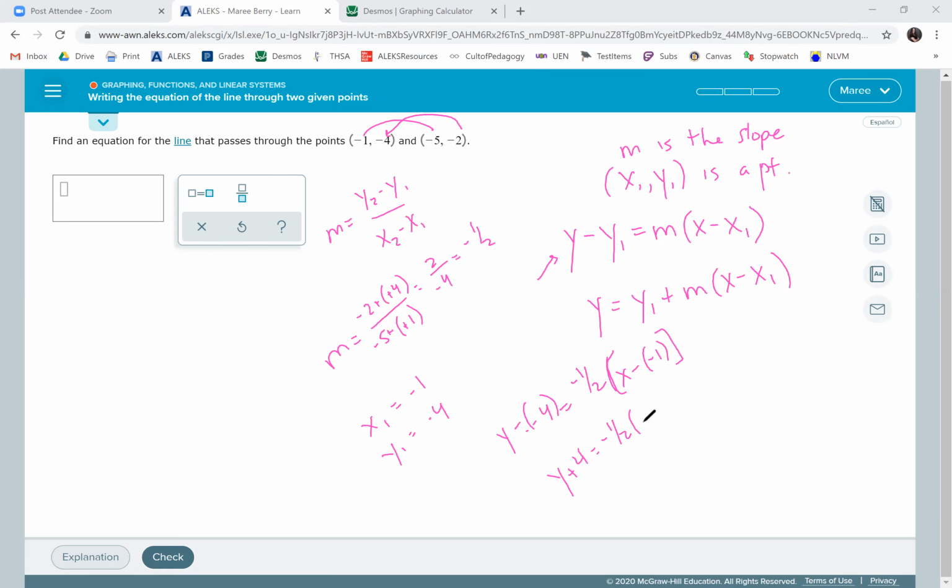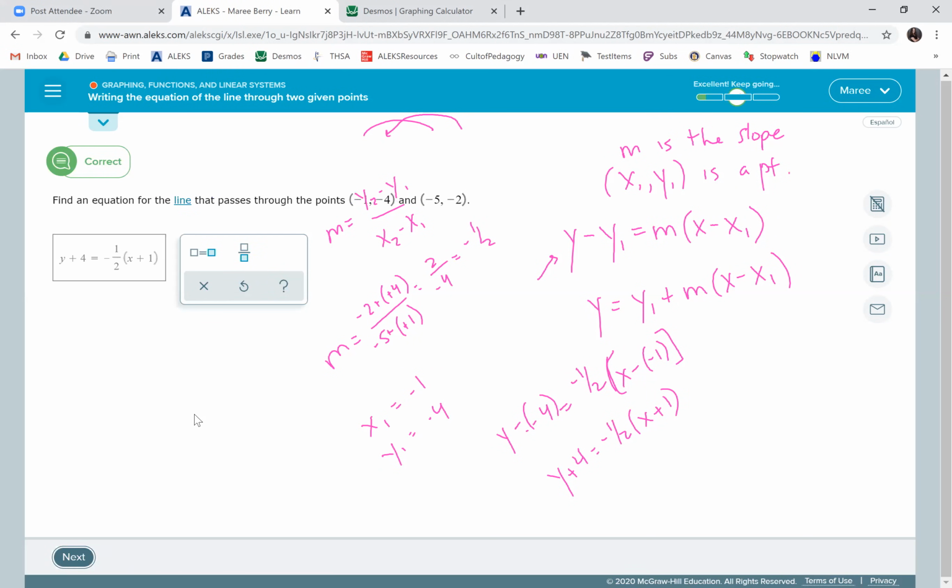I am totally going to write it this way and see if they have a hissy fit. So y plus 4 equals -1/2 times parentheses x plus 1. No hissy fits, Alex, because this is the equation. Let's check it out. Boom, yes.